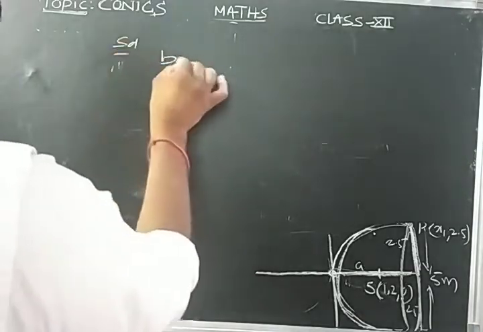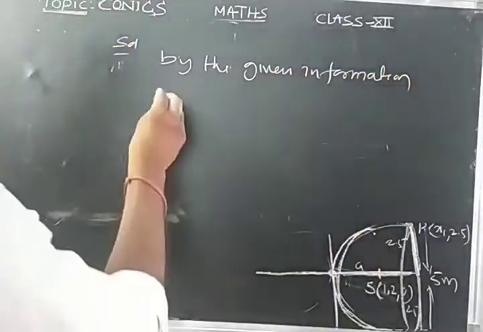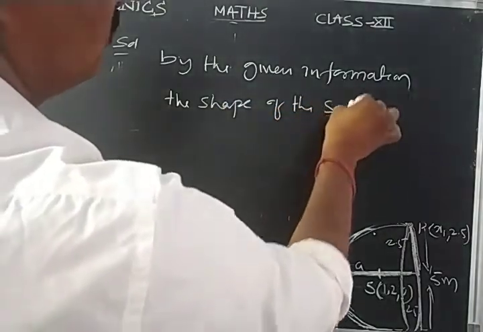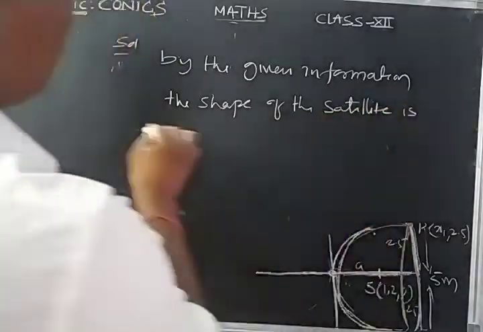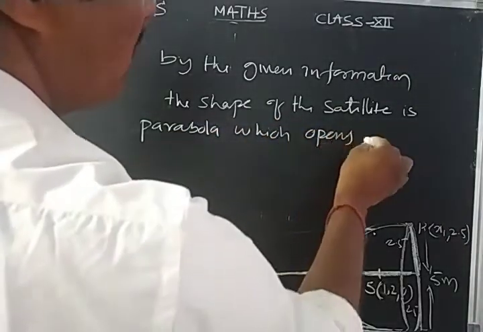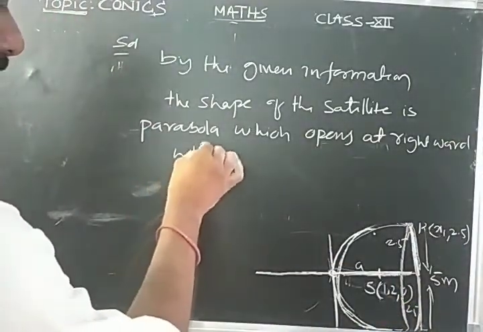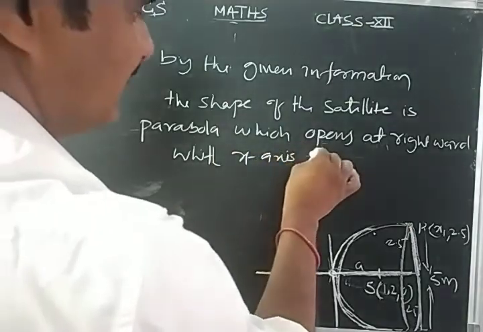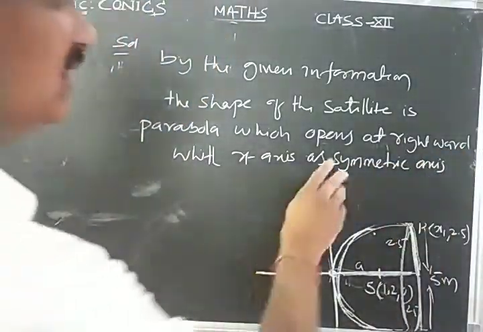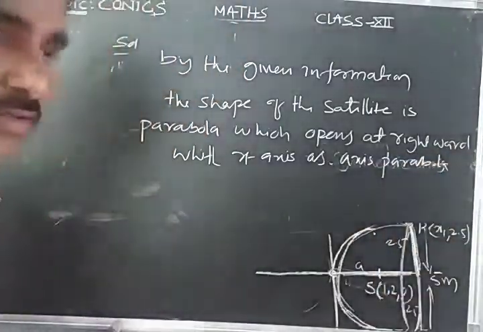By the given information, the shape of the satellite is a parabola, which opens rightward with the x-axis as the axis of the parabola.